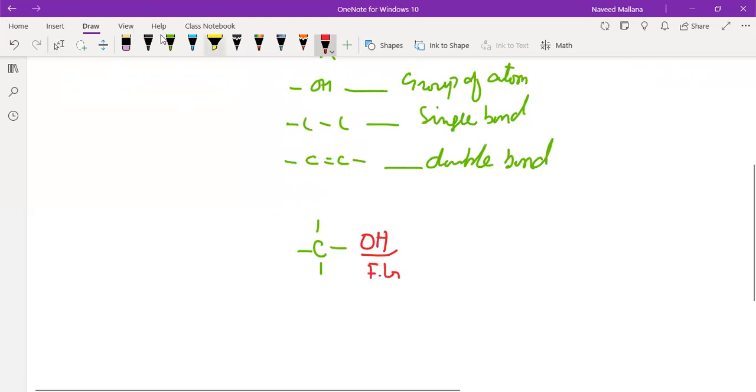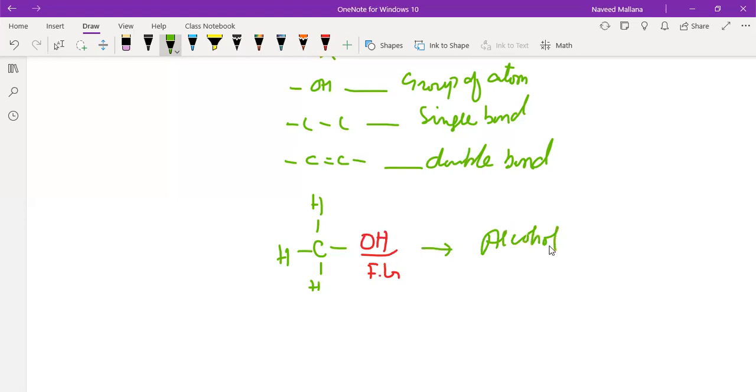Remaining carbon are satisfied by hydrogen elements like this. OH is functional group and this functional group containing molecule will be called as alcohol. Let us move toward the next example.